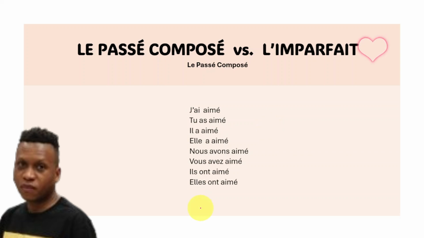So when you take a look here, j'ai aimé. Tu as aimé. If you don't link here, it's okay, I got it. Il a aimé. Elle a aimé. Nous avons aimé. Vous avez aimé.